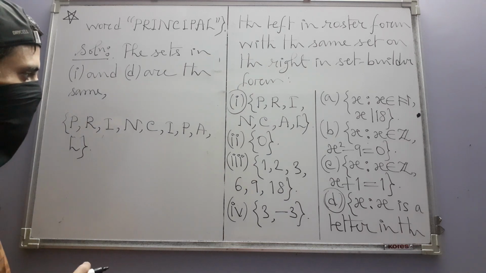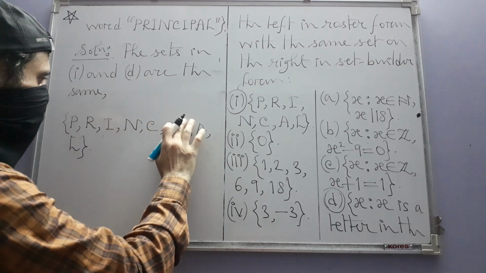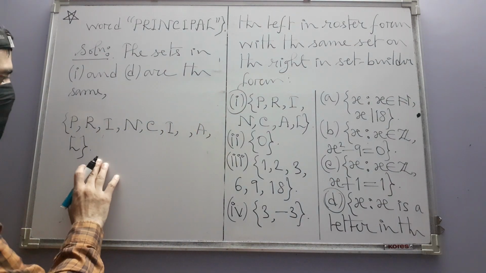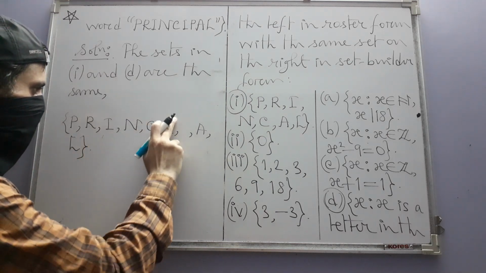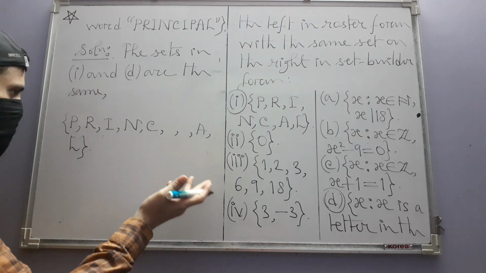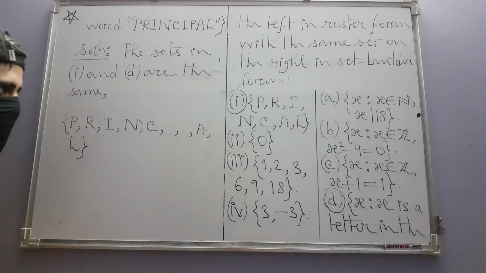Now, if you start deleting repeated letters, first you have a P here, so you delete it. Forget about the commas, okay? R is not repeated. I has been repeated, so let's delete this I. N is not repeated. C is not repeated. A and L are not repeated.